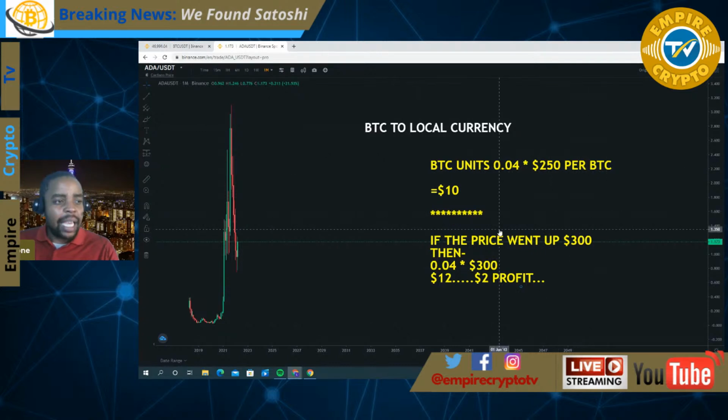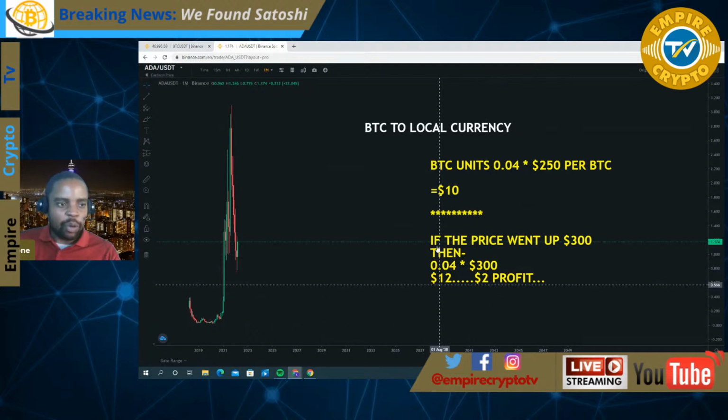Let's say after you started investing, the price went up from $250 per BTC to $300 per BTC, for instance. Then you take the same formula: 0.04 BTC times 300, you'd get 12.